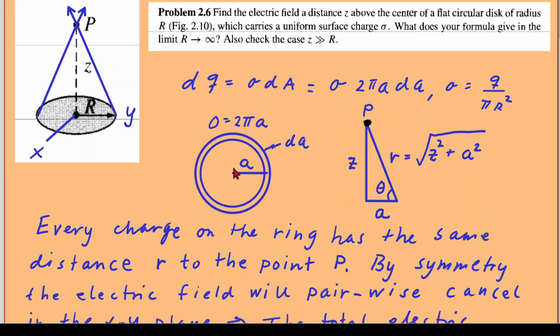But let's follow here, a here, and then upwards c, that's the height to the point. And the distance from a charge here to the point P is, according to Pythagoras, this one squared plus that one squared, square root of that.